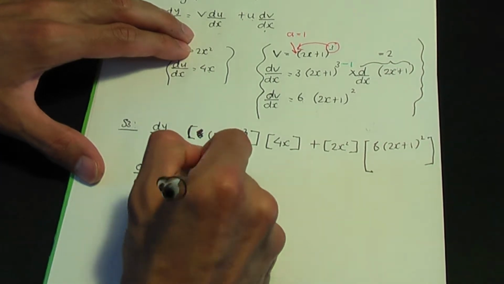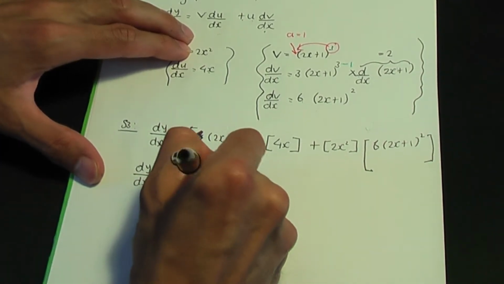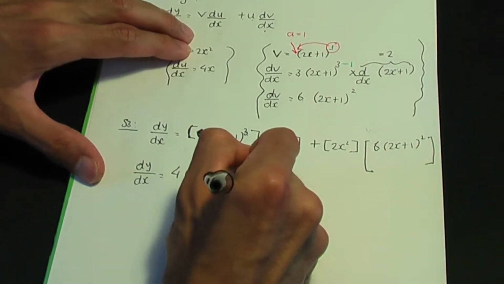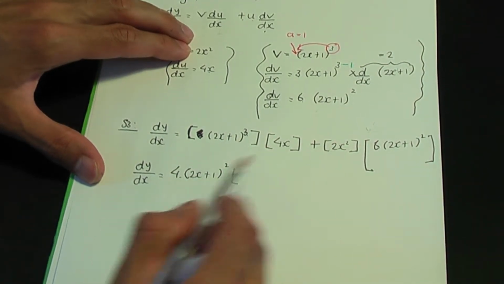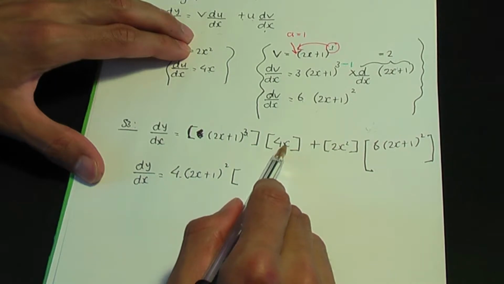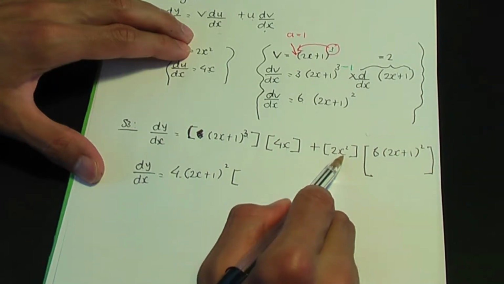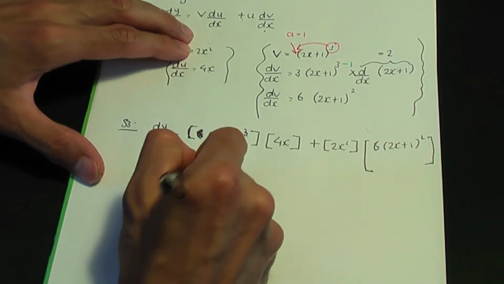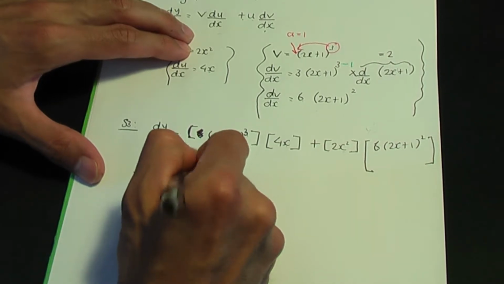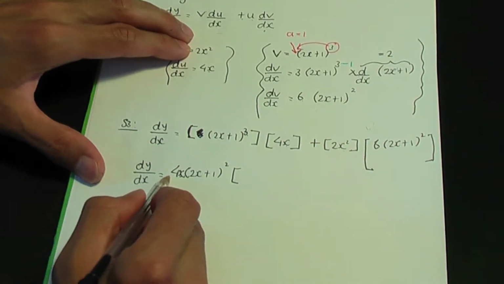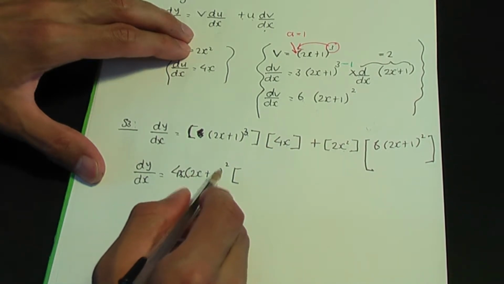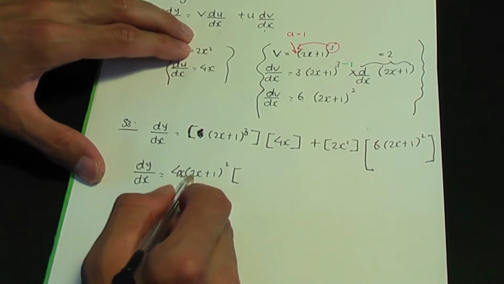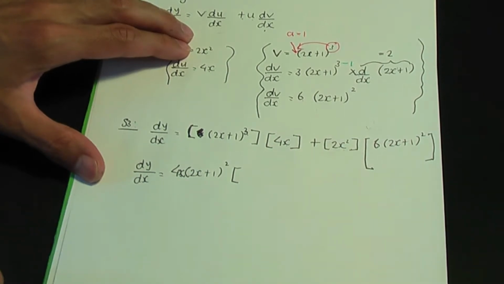Let me take out a factor of 2x plus 1 squared also. Okay, so this is the common factor that I have, but in addition to that, I have x from here and x squared from here. So let me include an x here also. So I'm going to take out a common factor overall of 4x into 2x plus 1 squared. So 4x into 2x plus 1 squared.